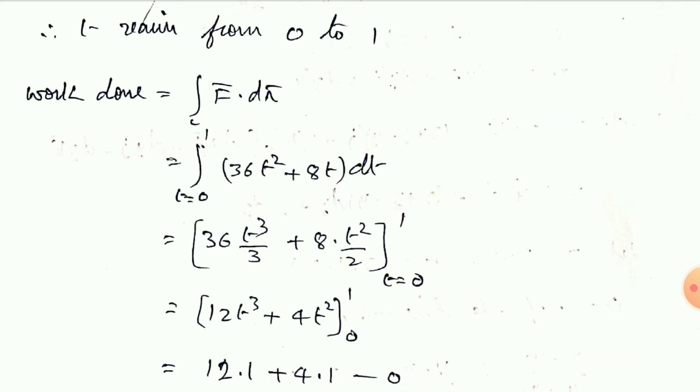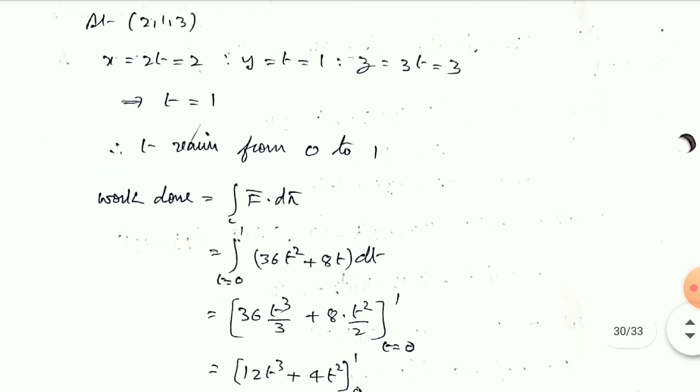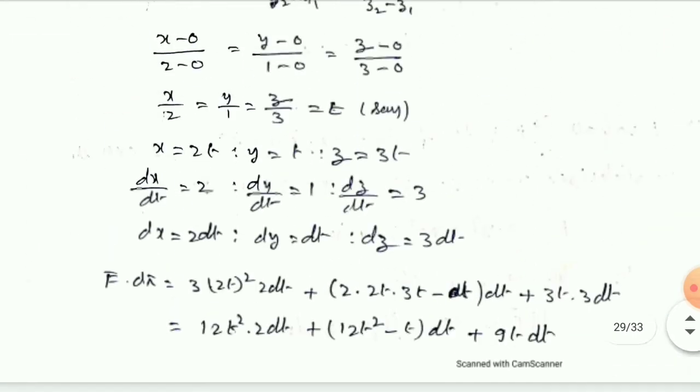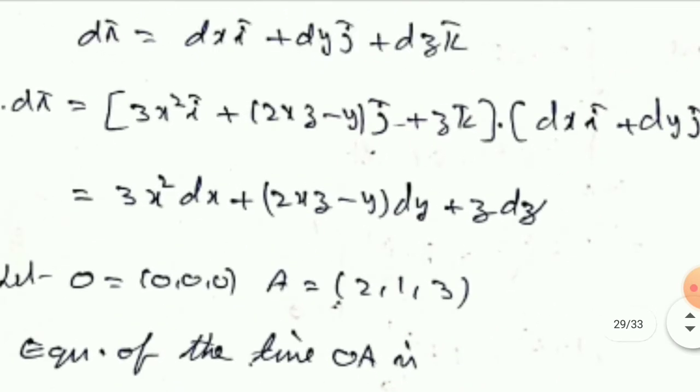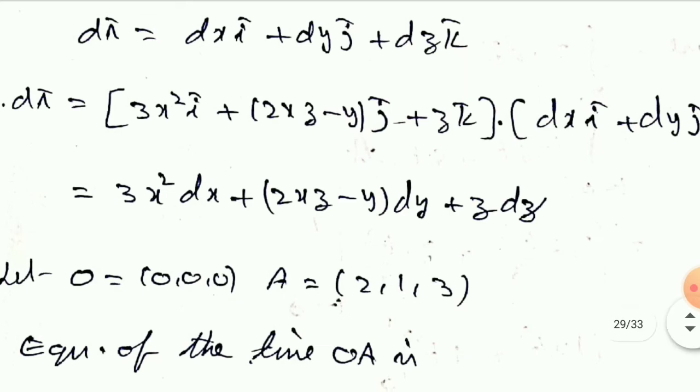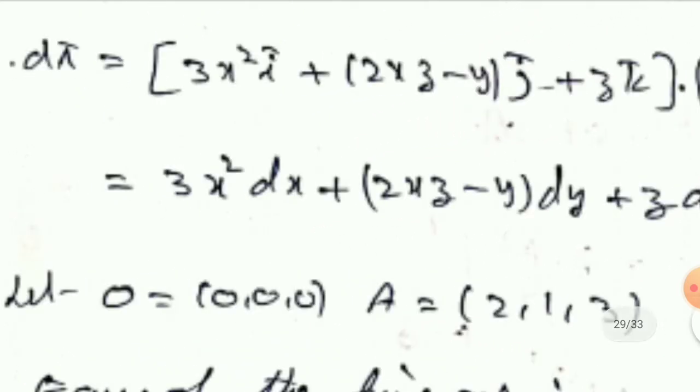The integral is separated. First with respect to x, substitute the x limits, which are 0 to 2. Then the second integration is y, and the limits are 0 to 1, and for z it is 0 to 3. So directly, F bar dot dr bar we calculated like this: 3x square dx plus 2xz minus y of dy plus z dz. What is the integration of 3x square dx with respect to x?